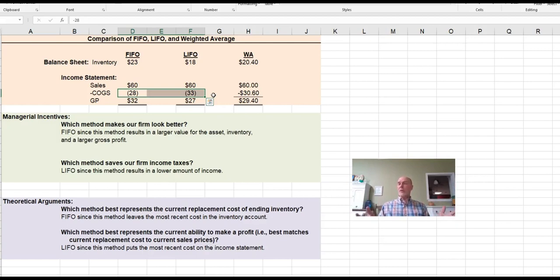And also there's a compromise approach, which is called the weighted average. We'll look at the calculations in just a minute, but you'll notice it puts the inventory value somewhere in between these two, and it also puts the gross profit somewhere in between the two. In other words, it's kind of averaging the differences.